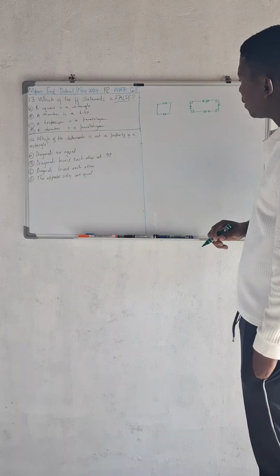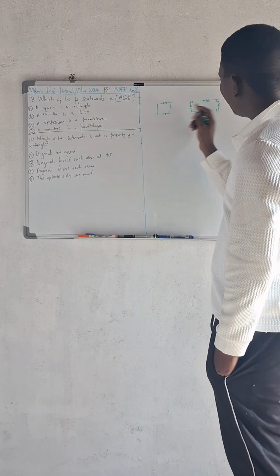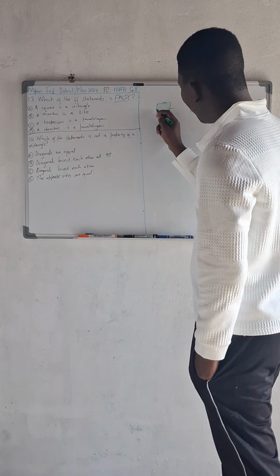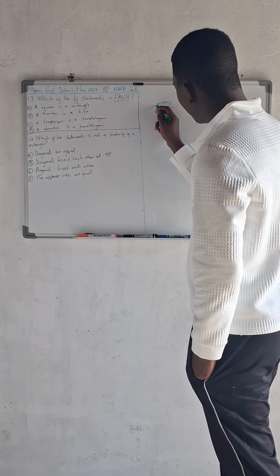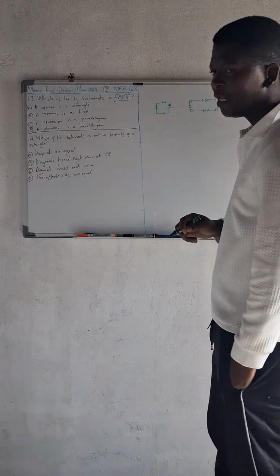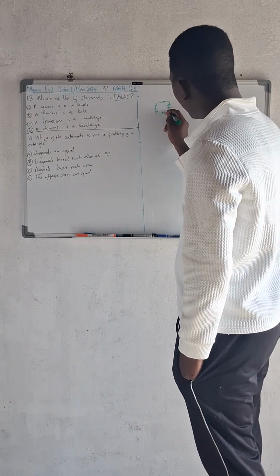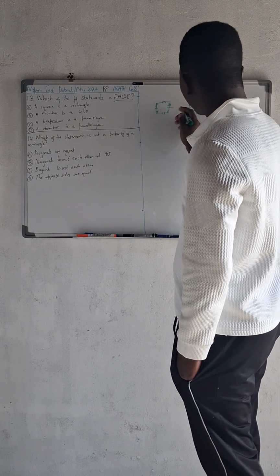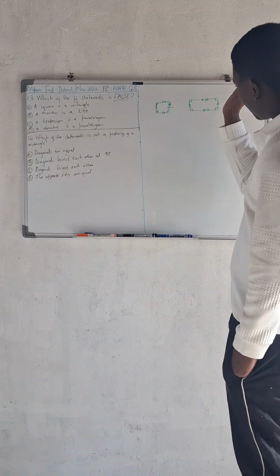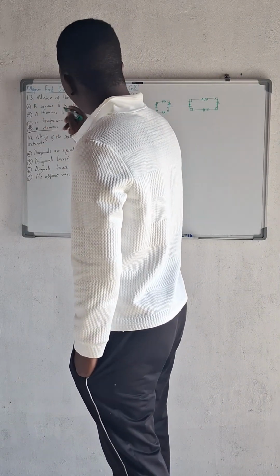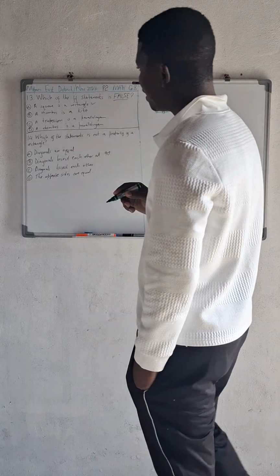Even these two opposite sides are equal and parallel. And all the angles are congruent. They are equal to 90 degrees, just as the rectangle. So this is true. A square is a rectangle.